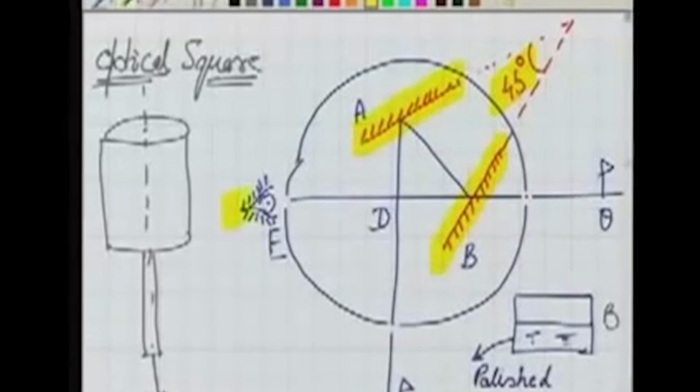Now your eye is at E, you are looking through E, and what you will see is a ranging rod which is Q. So this ranging rod will be seen in this mirror somewhat like this. This is my ranging rod Q.